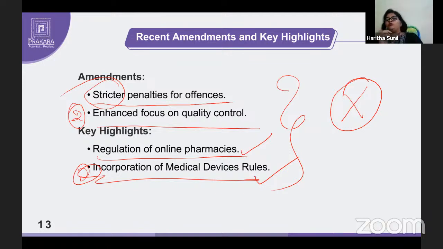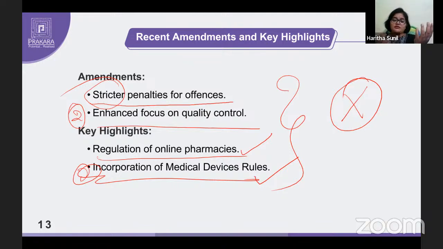So it is not only good for the sake of the public, but it is also useful for the companies who are producing these products, right? This Drugs and Cosmetics Act is very important for you, both from the examination point of view and for competitive exams also.